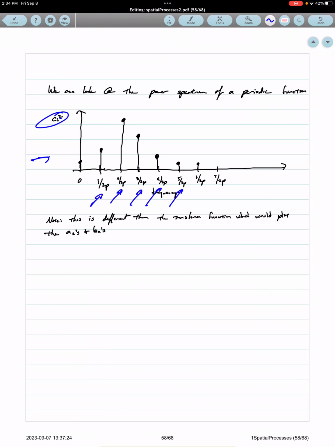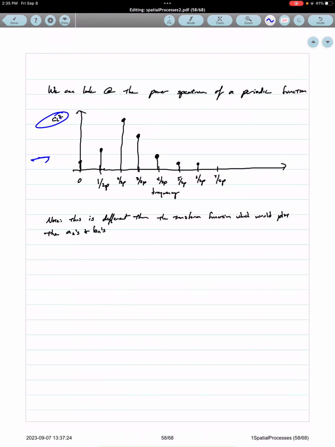Each n corresponds to a frequency of the sine waves, and we can break down this total energy in terms of the individual contributions of each frequency to the energy. And the power spectrum, the sum of these, of course, is the total energy.